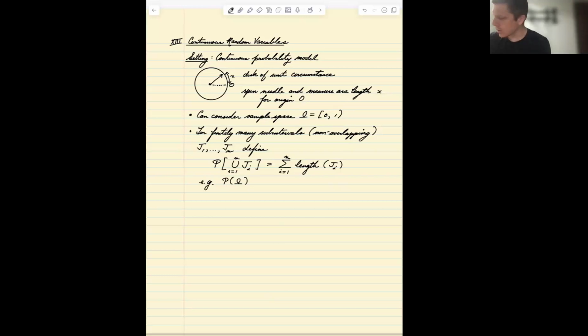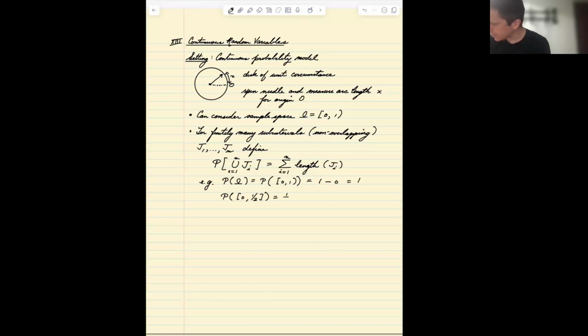In particular, probability of omega. Well, what is omega? By definition, up here we've defined omega as the unit interval. What is the length of the unit interval? It's 1 minus 0. And so the probability of omega is 1, as it needs to be. What's the probability of finishing in the top half of the circle?